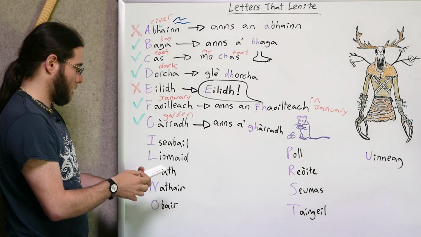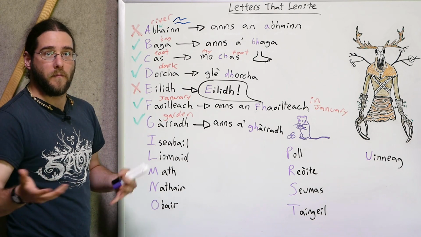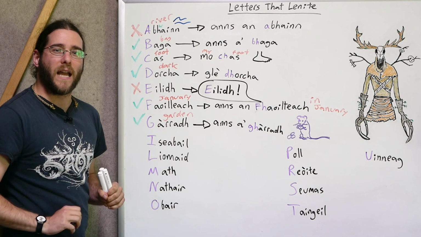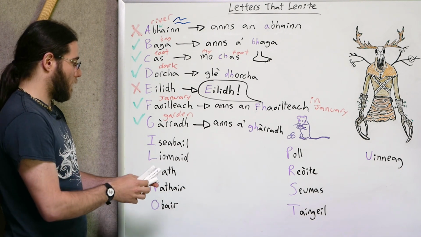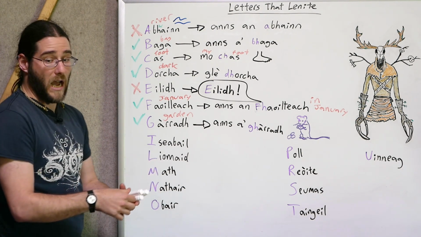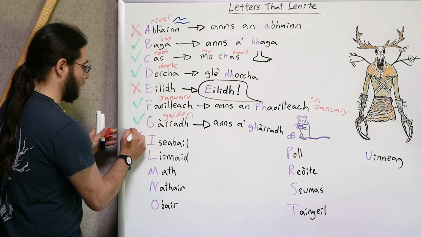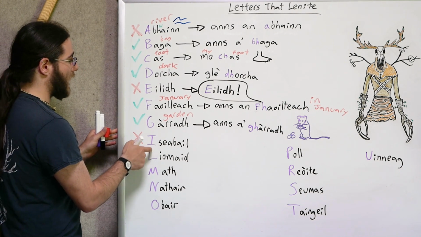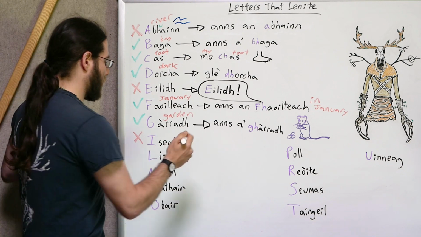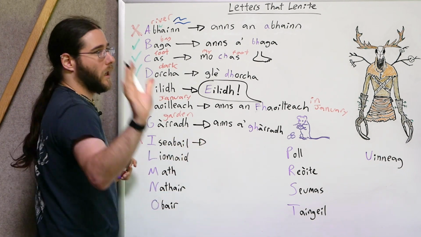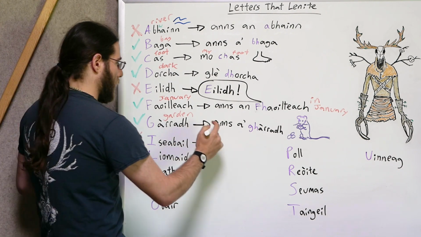Okay, coming back here. Isabel. Isabella, you know, it's that kind of name. Really lovely Gaelic name, I think. Does I lenite? Nope. Remember, vowels don't lenite. I, E, A, nope. So if we're talking to Isabel, maybe trying to get her attention, saying, oh, hello, Isabel, what do we say?